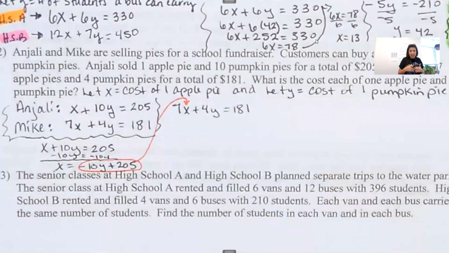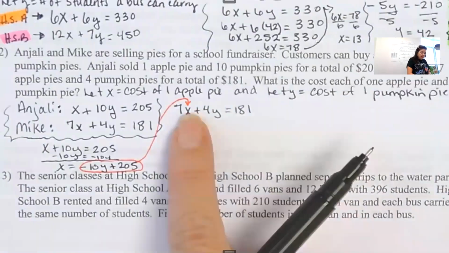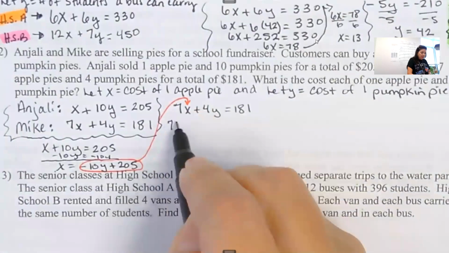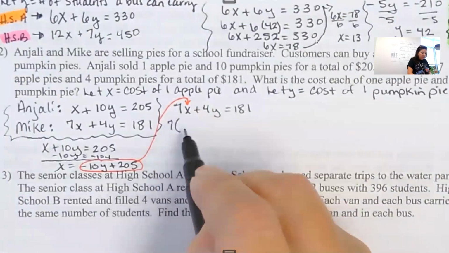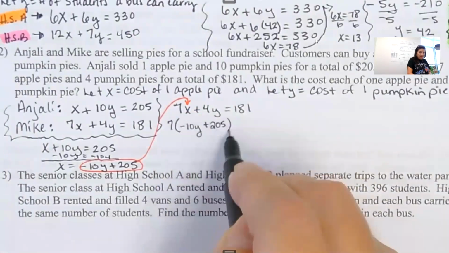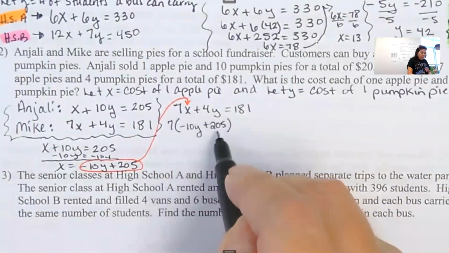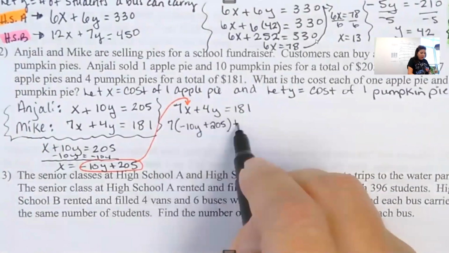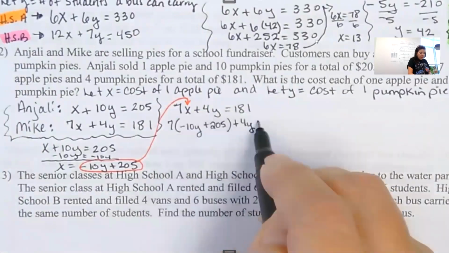So where I see x in the other equation, I'm going to substitute in negative 10y plus 205. So instead of 7 times x, it's going to be 7, open parentheses, negative 10y plus 205. Everything else I just bring down. So bring down your plus 4y, bring down your equal sign, bring down 181.